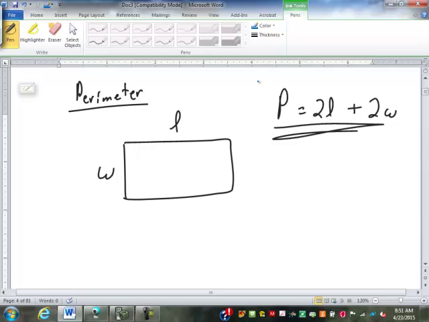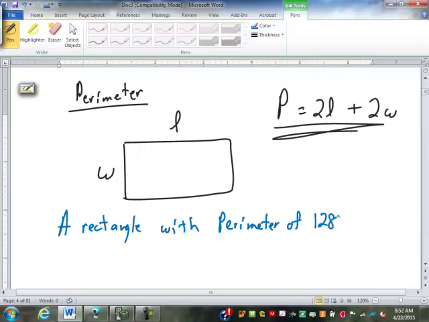Probably the simplest type of problem we could use for a perimeter problem would be if we were given either the length or the width along with the perimeter. For example, we might be told a rectangle with perimeter of 128 has a width of 21.